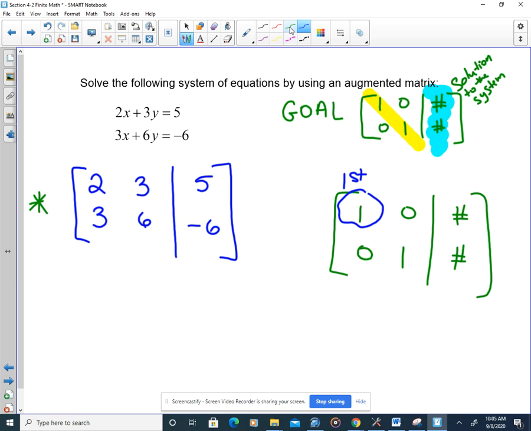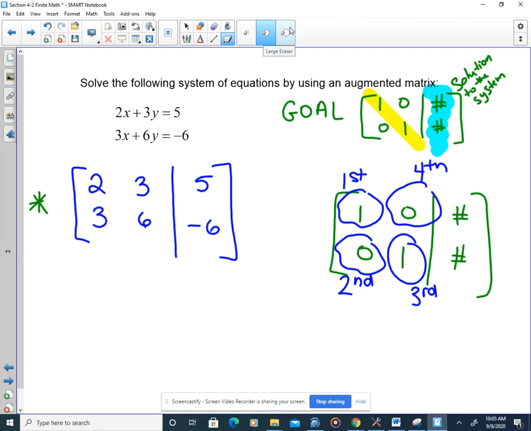Once you get that element to be a 1, then move down here and get this element to be a 0. Okay? And then third, you want to get this to be a 1, and then last, get that to be a 0. Okay? So, let's try to do one of these.